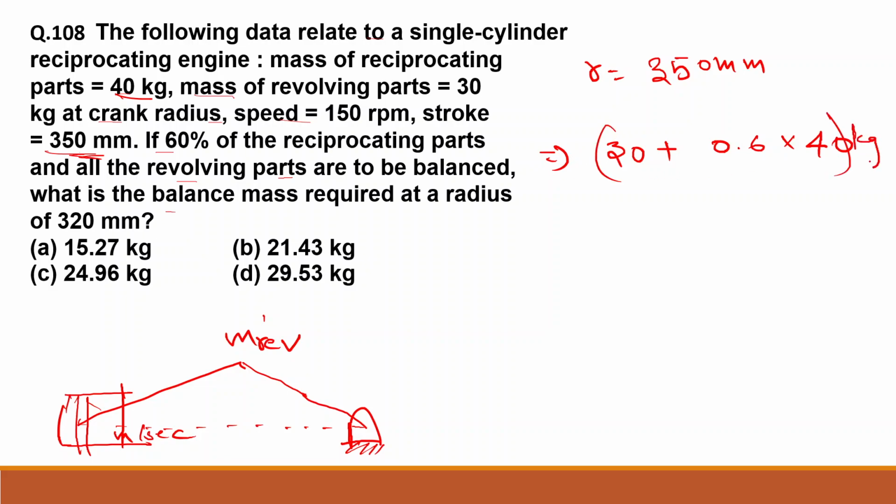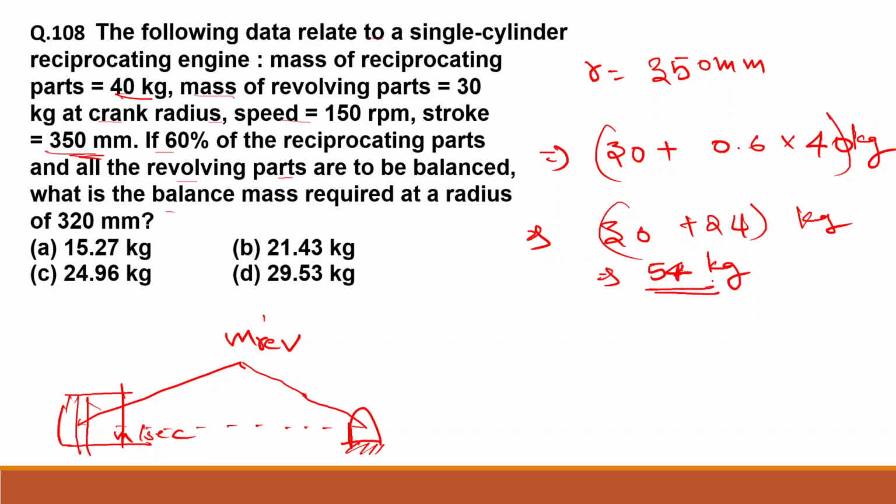These things will become in kg. By solving this we get 30 plus 24 kg is equal to 54 kg. This is the mass to be balanced.